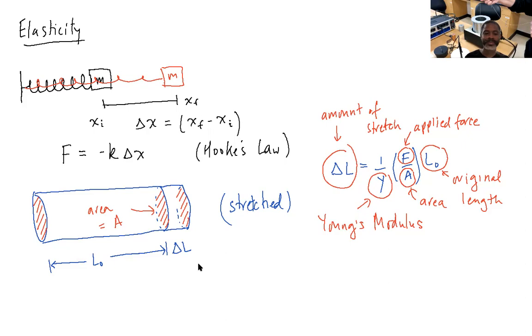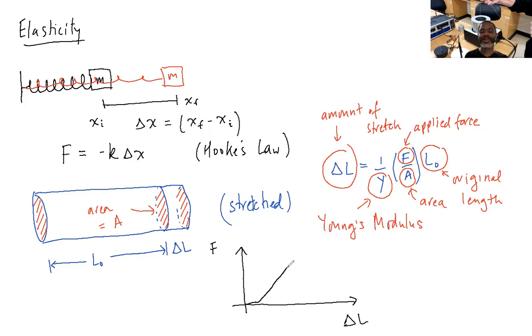And so there's a very nice graph that they show you in the book that looks something like this, where you have delta L and F. And so, at first you aren't applying very much force, and you barely notice anything happening. But then you see that the force and the elongation become linearly related.